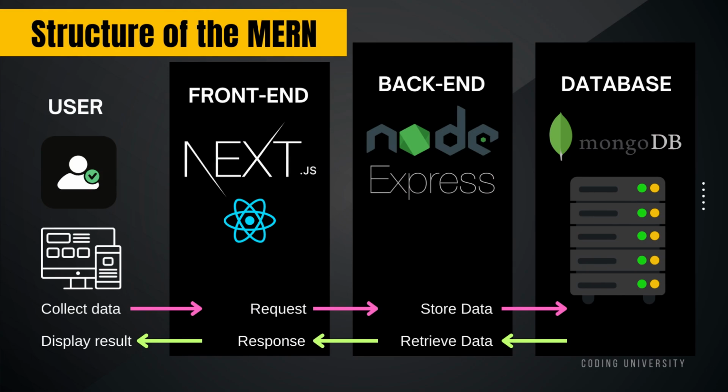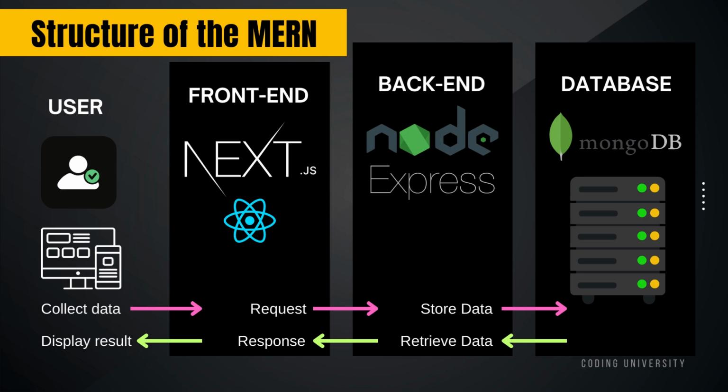So before we dive into the code, let's try to understand how a MERN stack application is structured. There is the front end. This is the part of the application that the user interacts with directly, and it's responsible for rendering the user interface and handling user interactions. In our project, we will use Next.js, which is a React framework, to build the front end.